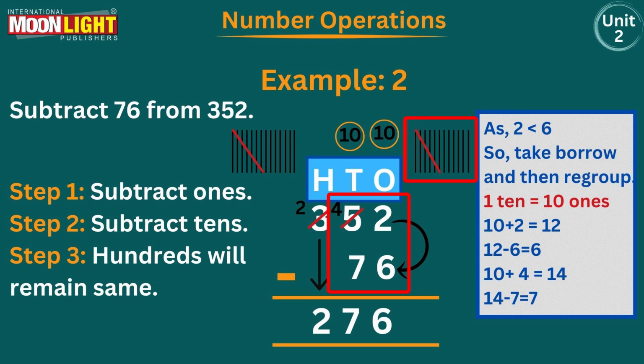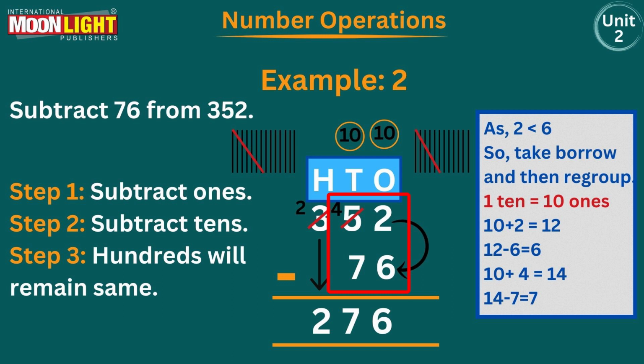I will cut the number 5 lying at tens place and write 4 on the top. 1 ten is equal to 10 ones, so I will write the number 10 on the top at ones place. Now I'm going to regroup, that is 10 plus 2. Regroup means that I am going to add them together.